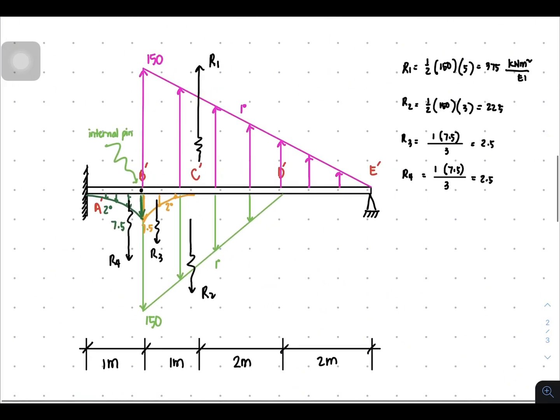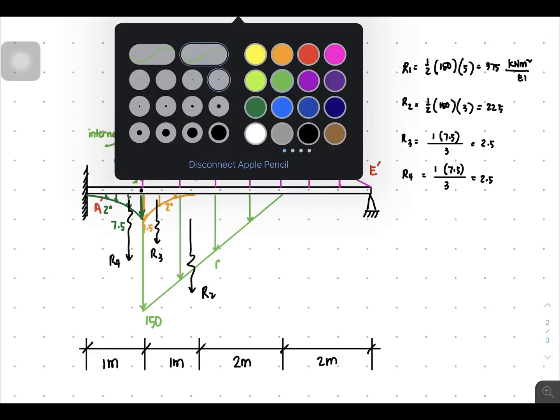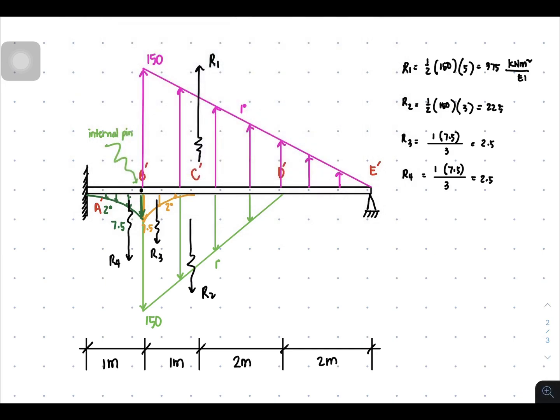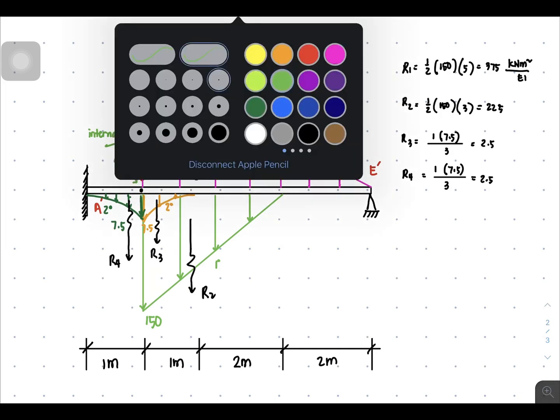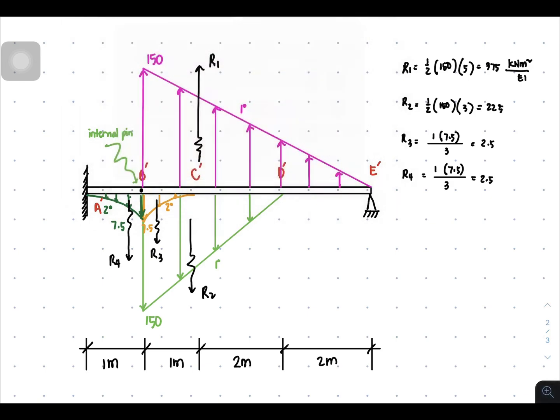So para maka-solve this reaction, what we are going to do is cut the beam, diba? So let's just have the assumption of our kanang direction of the reaction.